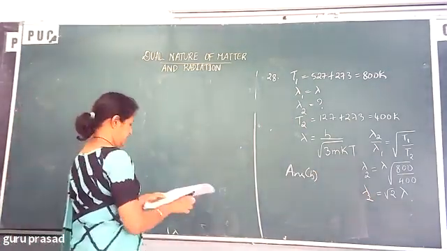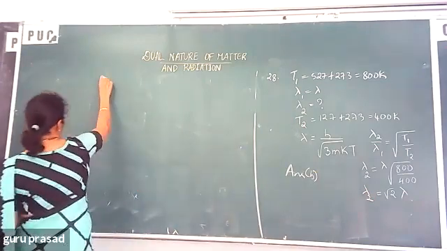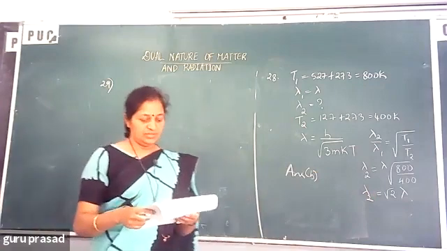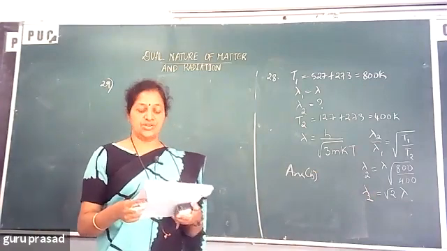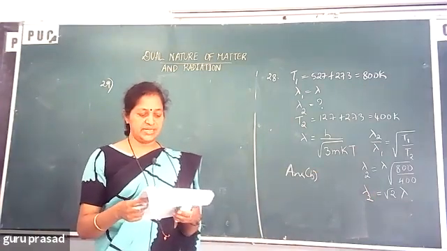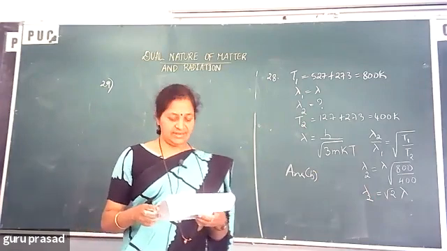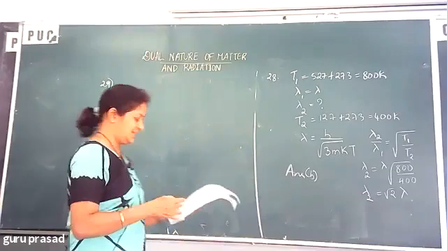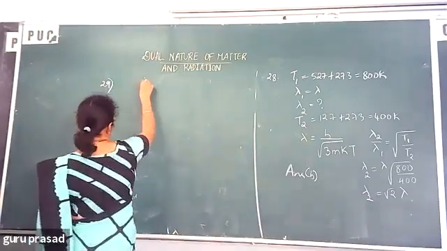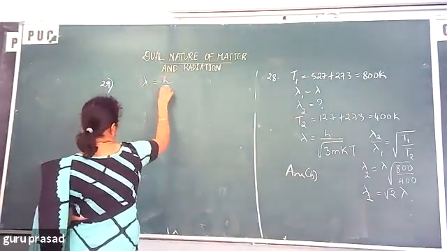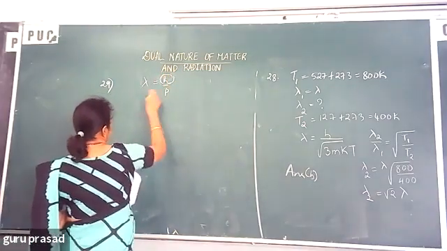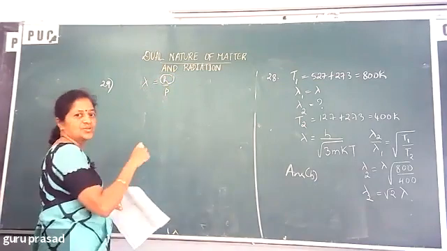So next, 29th. The following figures represent variation of particle momentum associated with de Broglie wavelength. Which one is the correct option? See, de Broglie wavelength lambda is equal to h by p. Whenever you have a constant here, these two are inversely proportional.